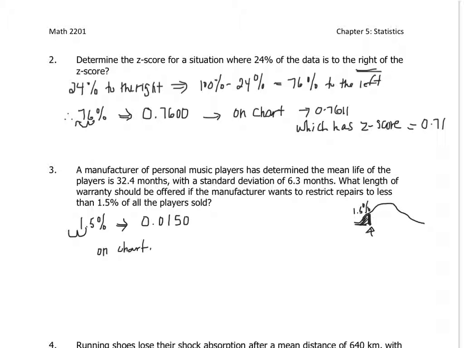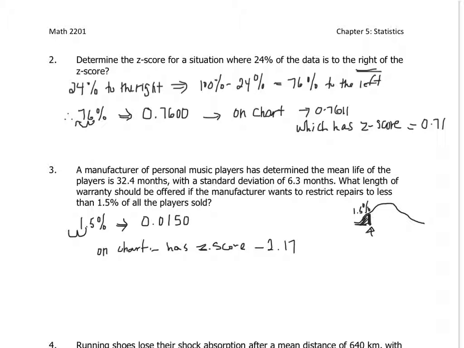If you look at the row and the column to get the z-score, the chart has z-score of negative 2.17. Because 0.0150 is exactly there on the chart, and the row that goes with that is negative 2.1, and the column is 0.07. So if you put those together, you get negative 2.17. So the z-score is negative 2.17.